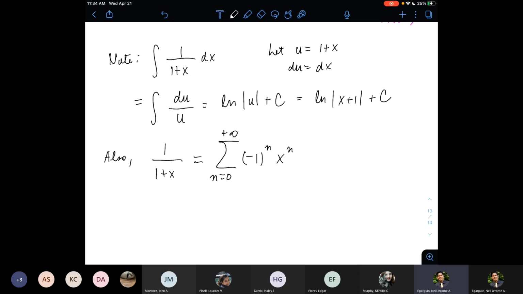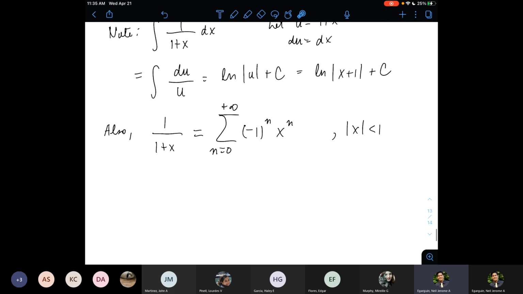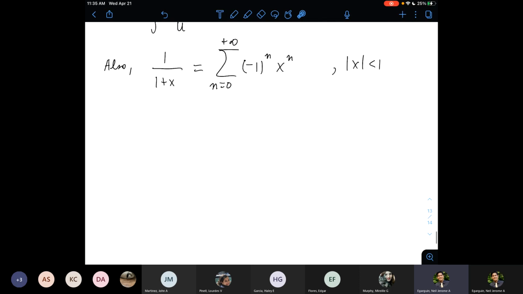This is what we got earlier. And this is true for all x's whose magnitude is less than 1. And since x's magnitude is less than 1, the absolute value of x plus 1 would be positive, right? So this perfectly fits our context.